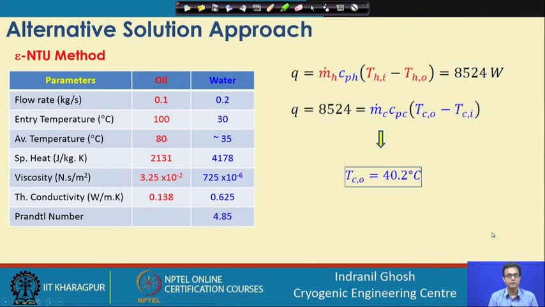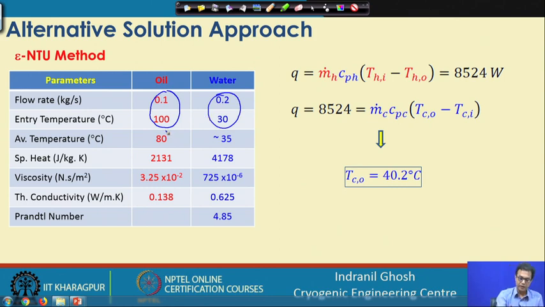Say here we want to apply the epsilon-NTU technique. So, what is known to us, what has been given? Like in the earlier case, the flow rate of oil and water is known to us, and the entry temperature of the hot and cold fluid is given.